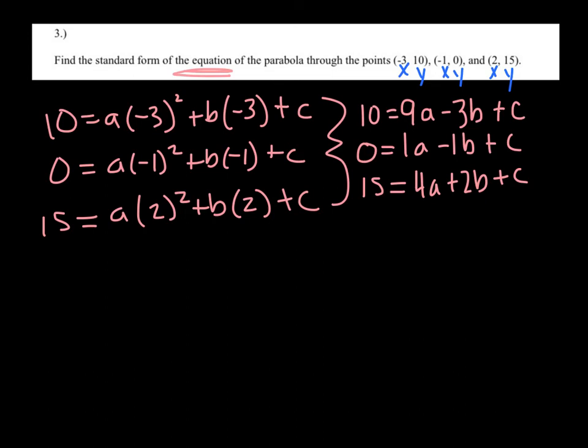So we have to do the same process that we did with the last two, using double elimination to get two equations with two variables so that we can solve for our first variable. I'm going to multiply this middle equation by -3 to use that first equation, so I'm going to eliminate the b's.